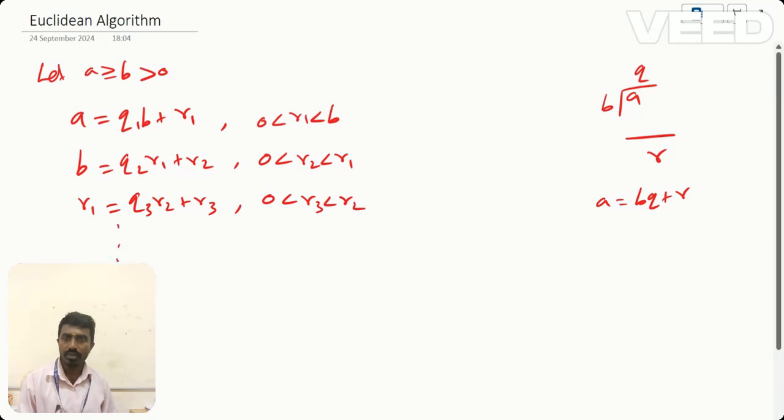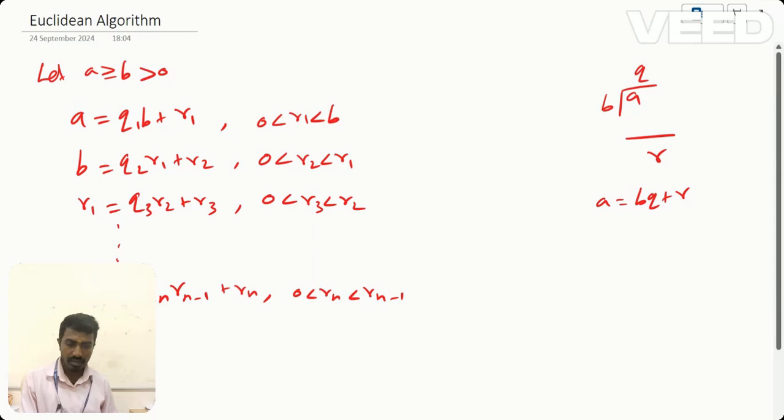If we keep on going, then at one stage Rn minus 2 equals Qn Rn minus 1 plus Rn, where 0 is less than Rn, less than Rn minus 1.